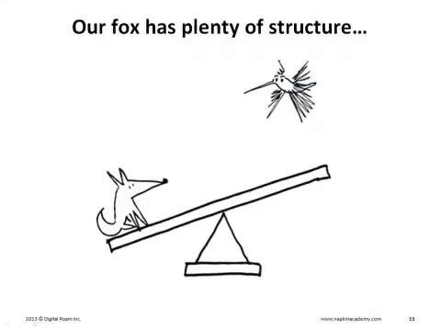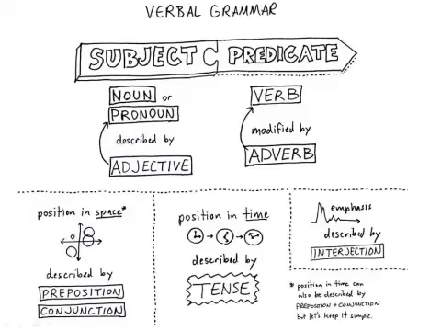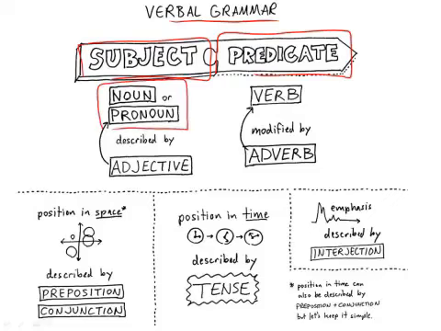Of course, our verbal mind, our fox mind, over the last centuries has been given lots and lots of structure on how to formulate the ideas that come out of that part of our mind in the form of verbal grammar, where we know that we break things down into subjects and predicates, and then we have various types of speech, whether those are nouns or adverbs or prepositions or what have you.